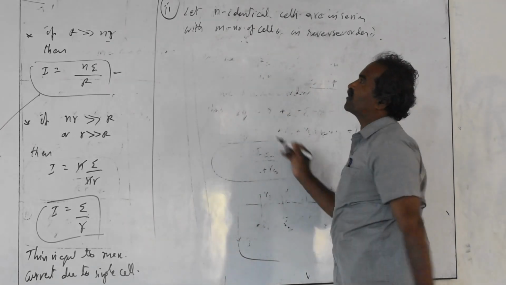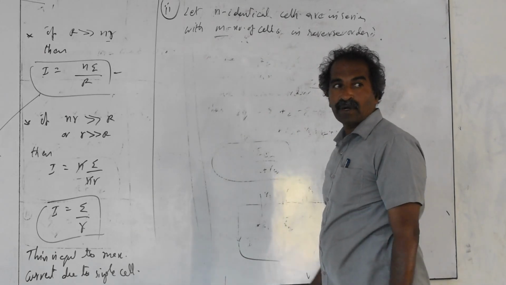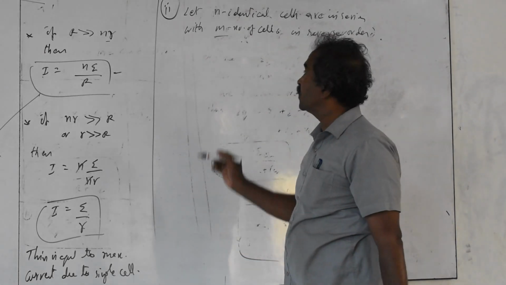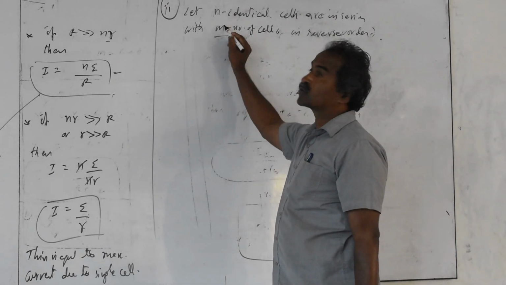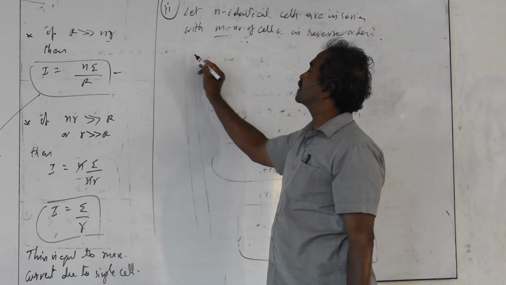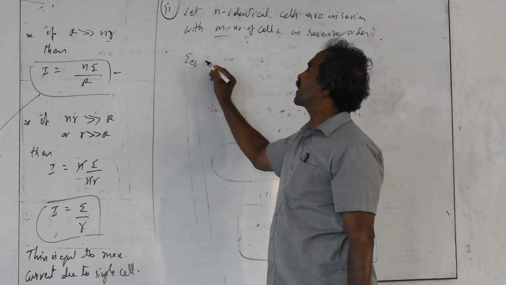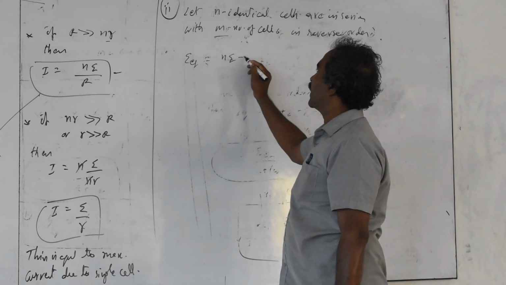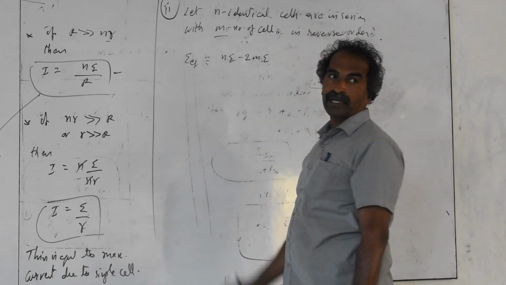So to cancel EMF, you must take 2m. So what is the total EMF? Existing EMF, now useful EMF is nothing but NE, that is total EMF supposed to be, minus 2m. So E equivalent becomes equal to NE, the total EMF supposed to be if they are in order, minus 2mE only.